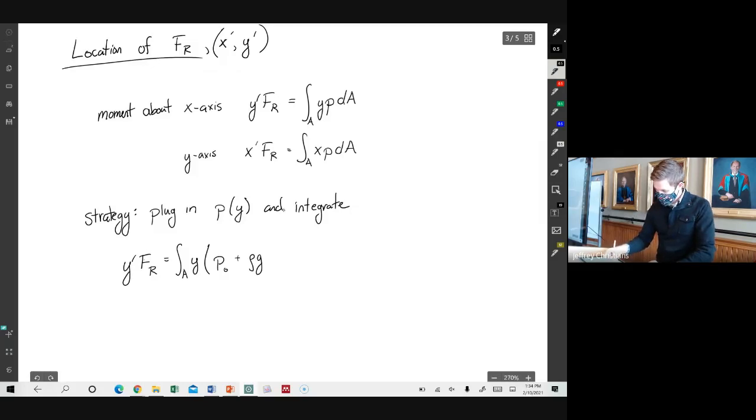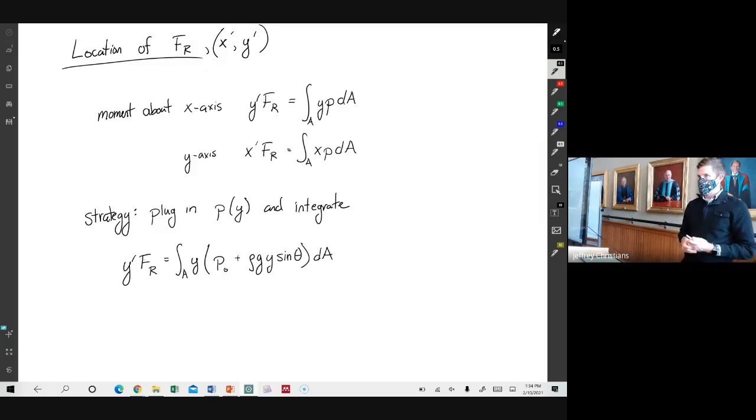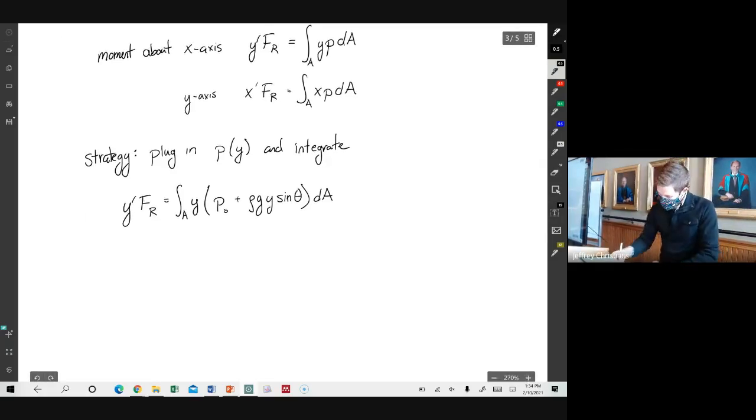Rho g y sine theta dA. So it looks very similar to what we had before. Same pressure. Let's break this integral up into its two different parts around the plus sign, and then we'll look at each one individually.